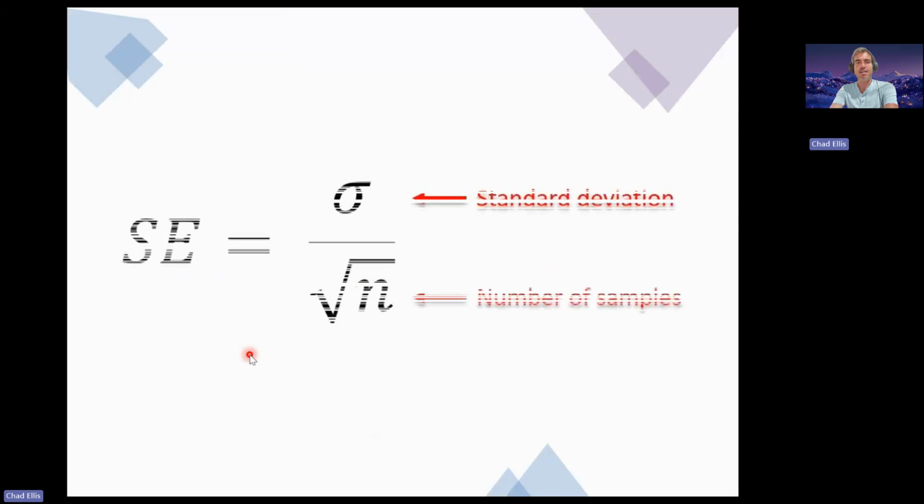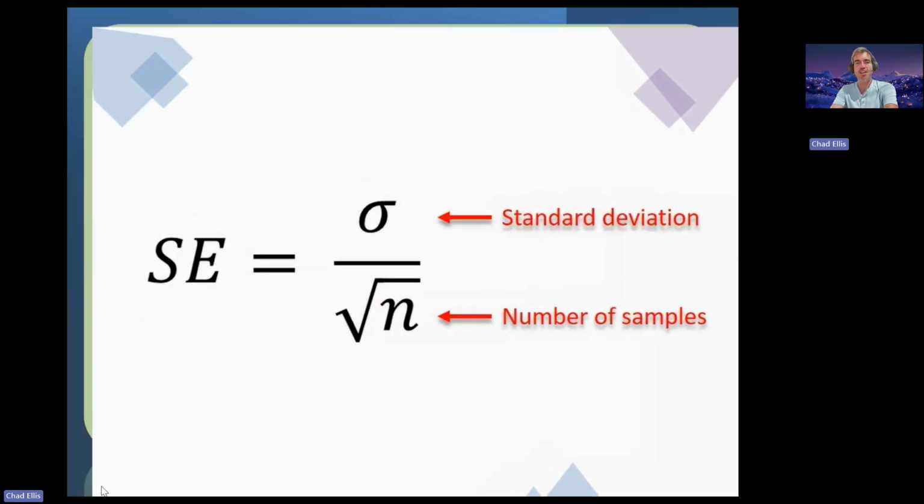So I showed you there that the standard error was using S, the sample standard deviation, to calculate the standard error. In a perfect world, we would have the population standard deviation to calculate the standard error. But often we do not know, just like with the population mean, what the population standard deviation is.